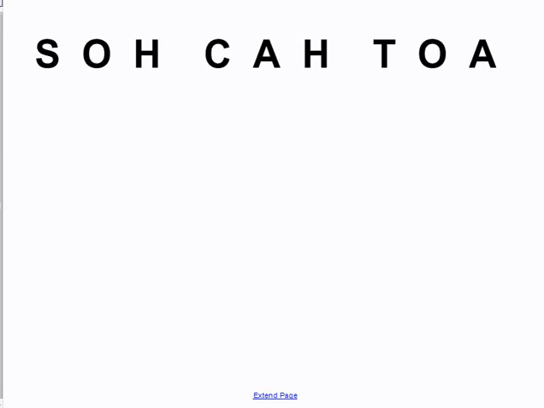to SOHCAHTOA. This is something that you're going to remember over and over and over again, and you're going to write this in your notes. Sine stands for sine, which is opposite, and hypotenuse.